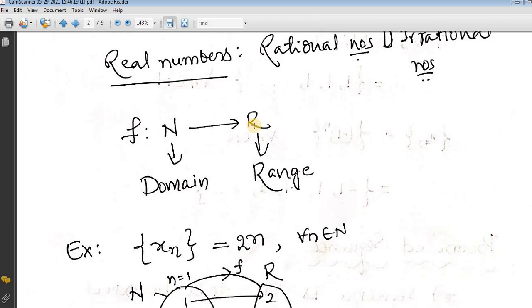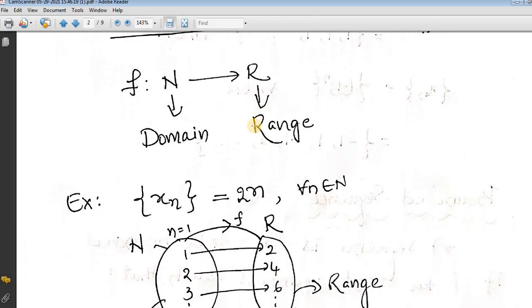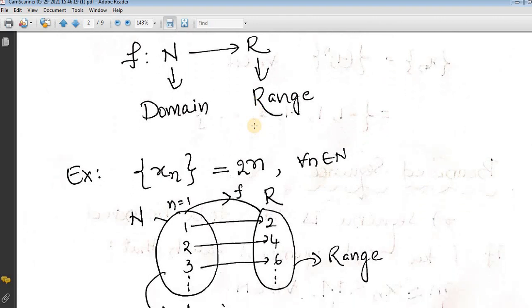For example, sequences are represented by flower brackets, {xn}, meaning it has elements up to n elements, n equal to 1, 2, 3, 4. See this picture. The first circle is the domain and the second circle is the range. What is xn? xn is 2n. I substitute n values from the set of natural numbers.